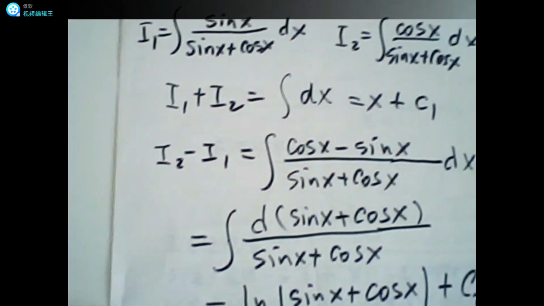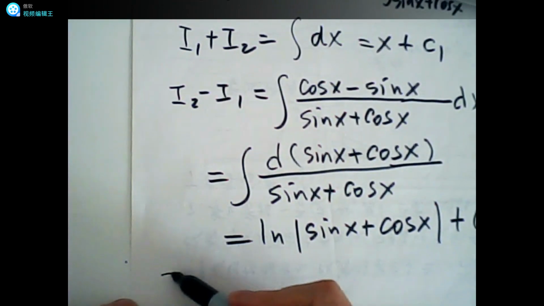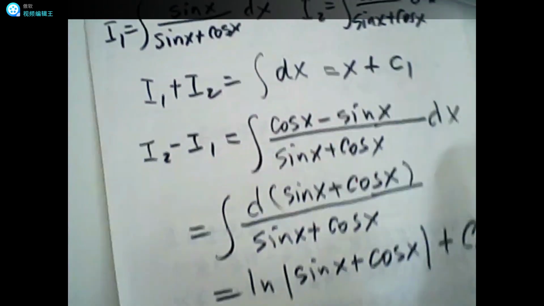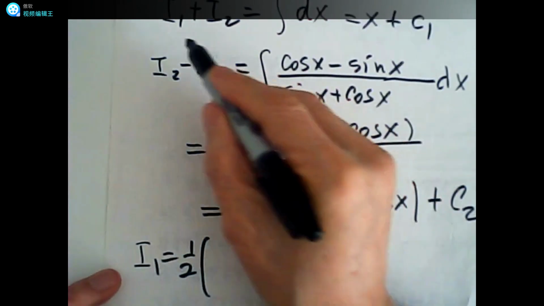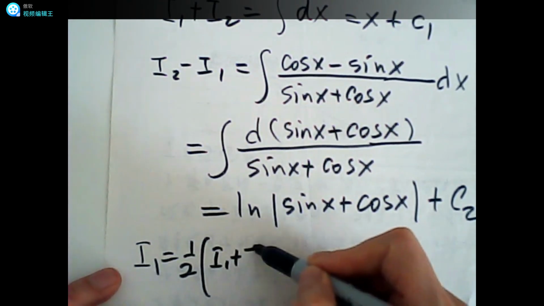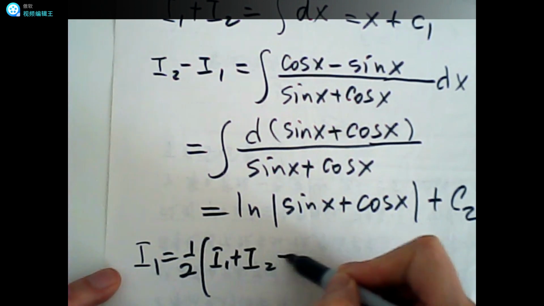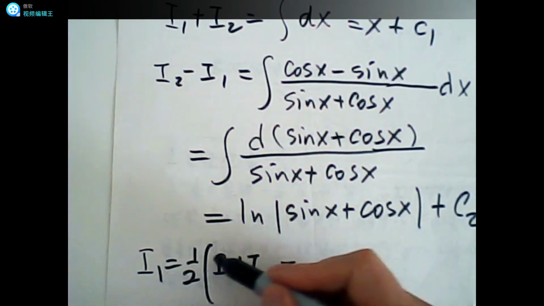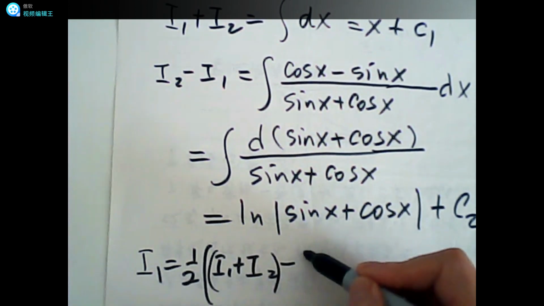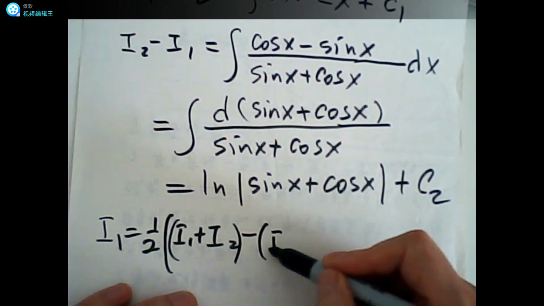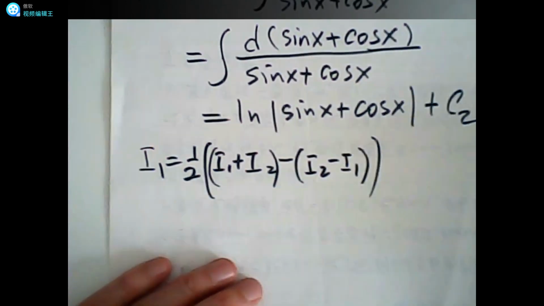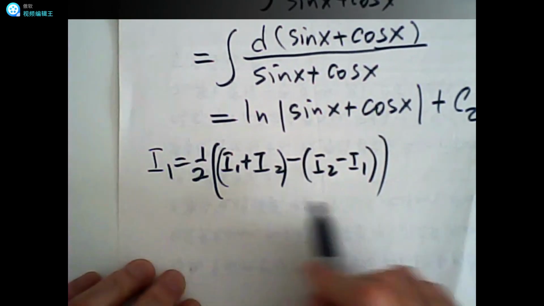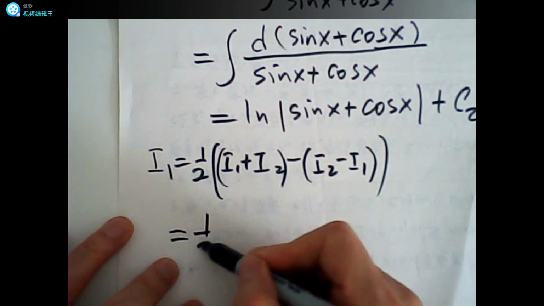Now we're looking for I1, right? So I1 is one half of I1 plus I2 minus I2 minus I1, right? That is I1. So I got I1. So this means simple.